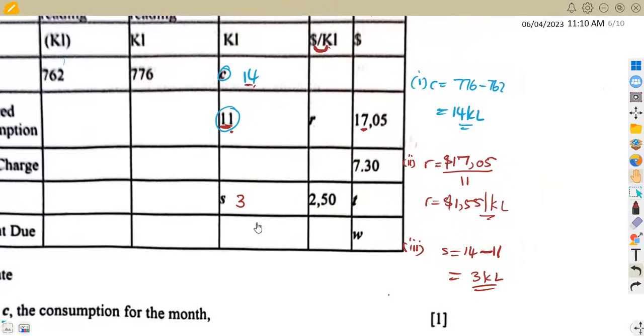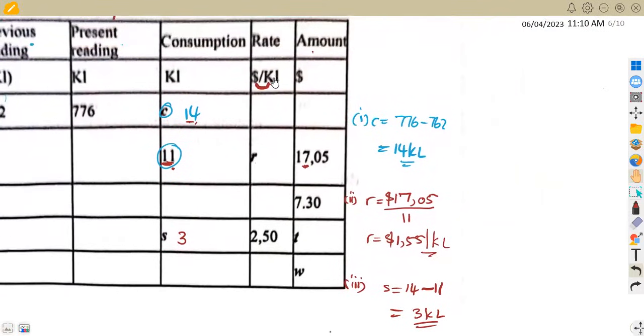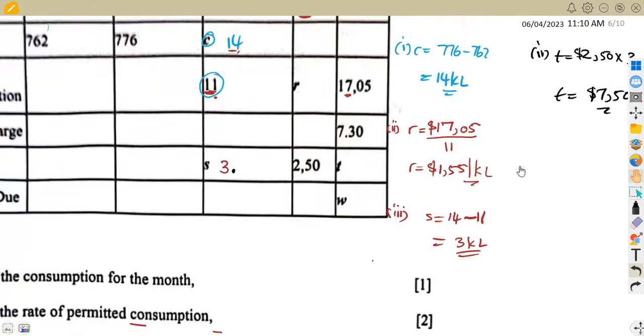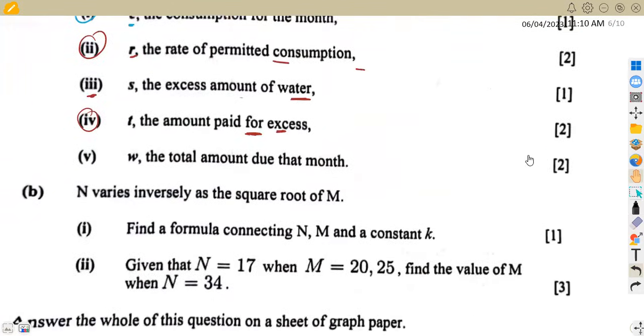So our T in this case is going to be $2.50 per kiloliter times the excess, which is 3. So T was going to be $2.50 times 3, which is $7.50 in this case. All right. So that is how we're supposed to answer this question.